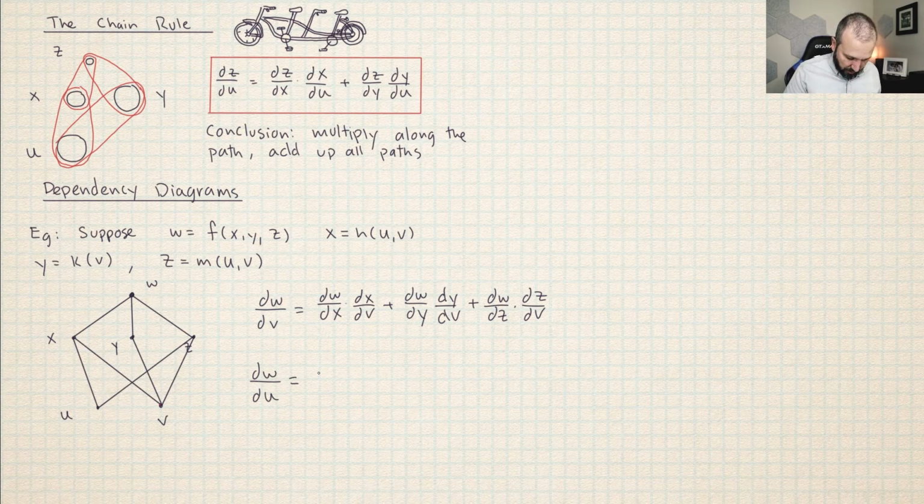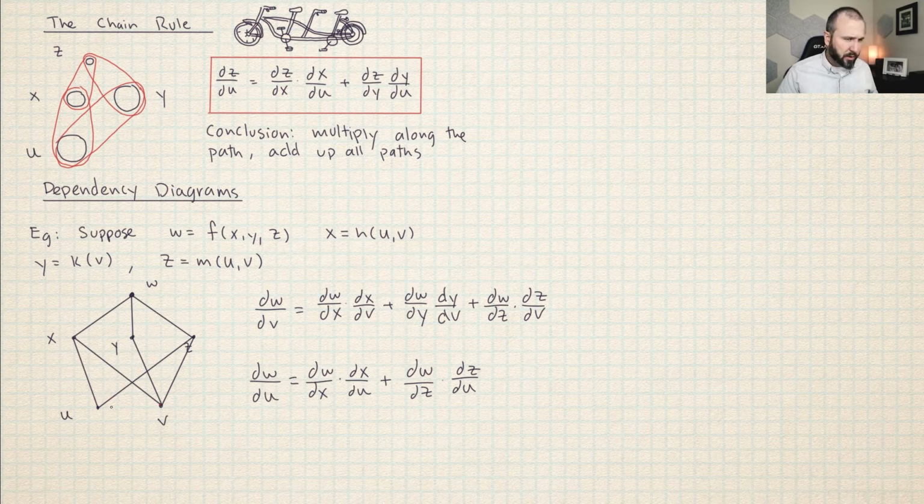So I'm going to just do del w del x times del x del u plus, I can go through z, del w del z times del z del u. I'm going through z down to u like that.